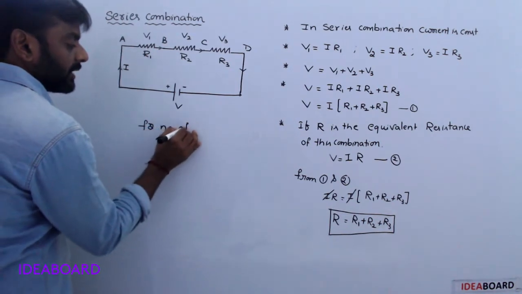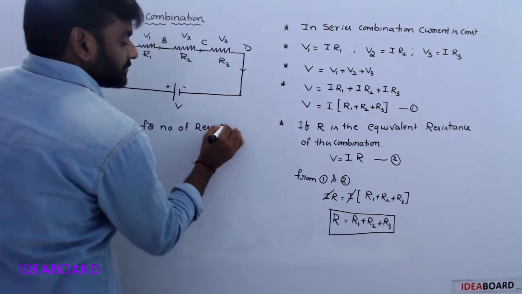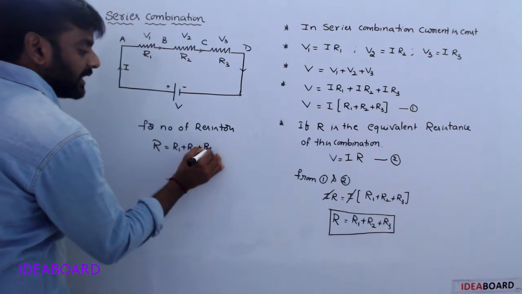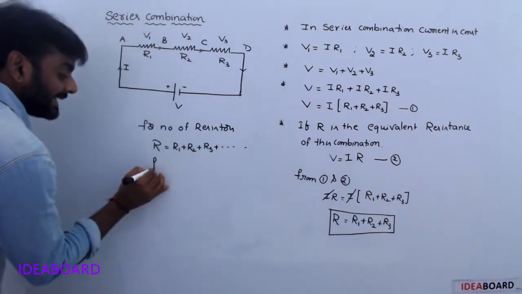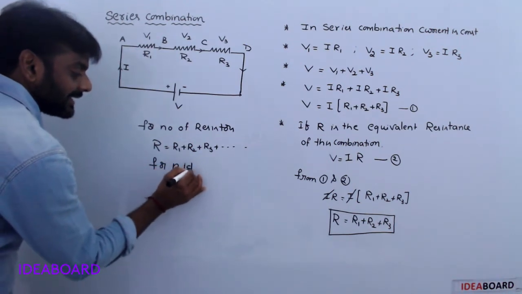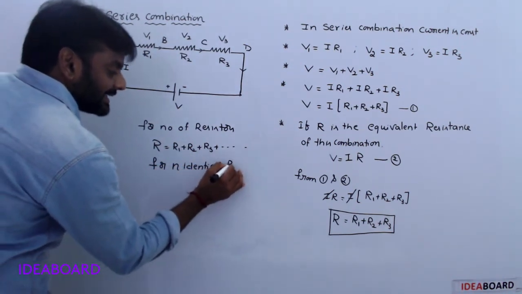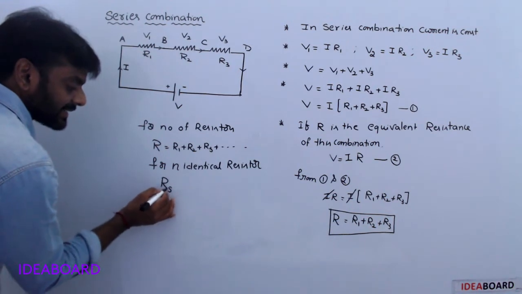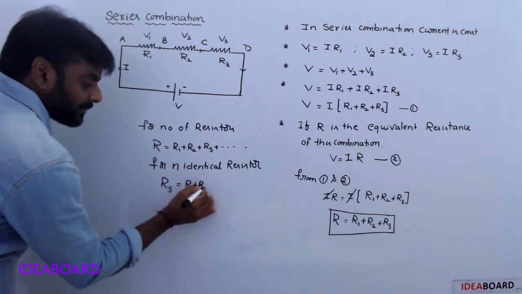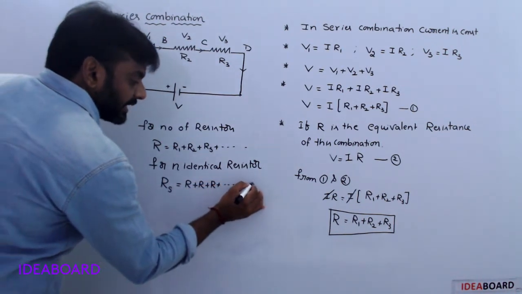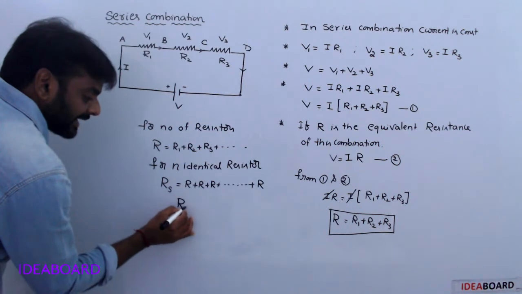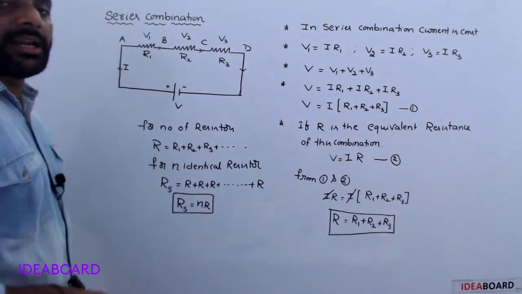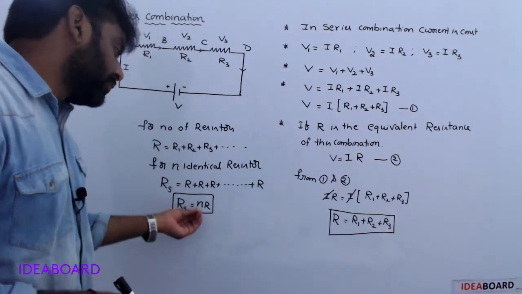For n identical resistors in series, you write R plus R up to n terms. Simply, for n identical resistors, the effective resistance is equal to n into R.